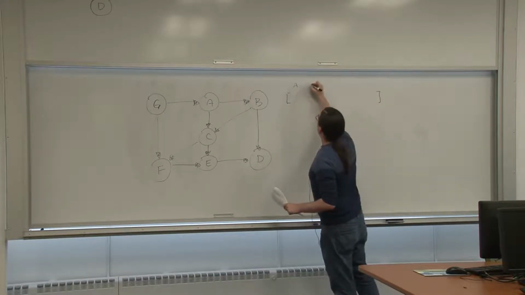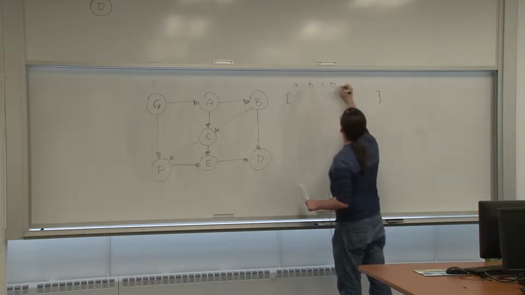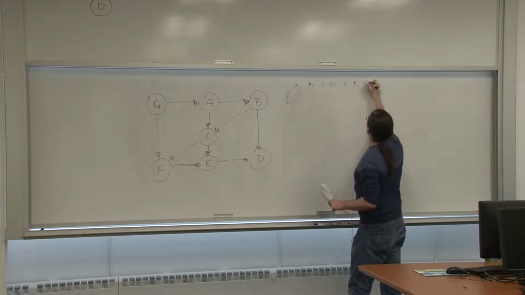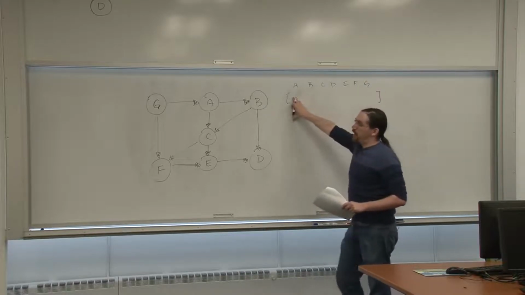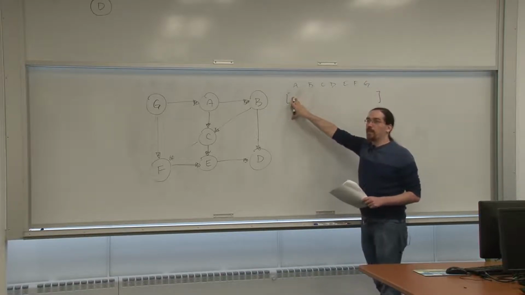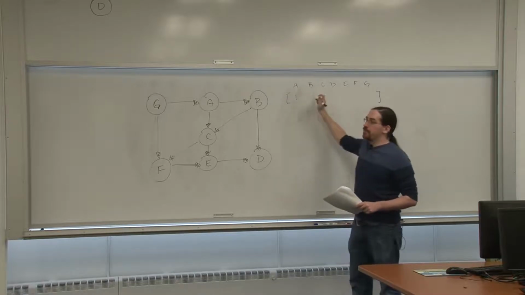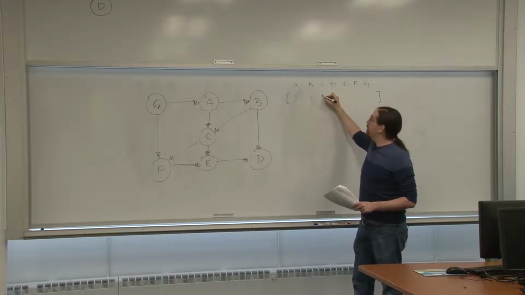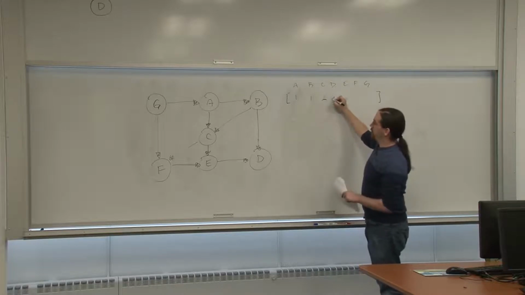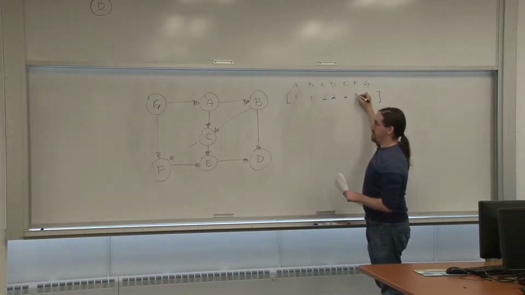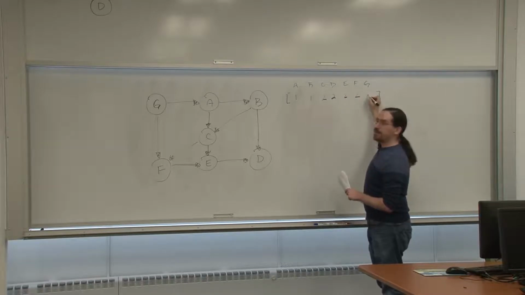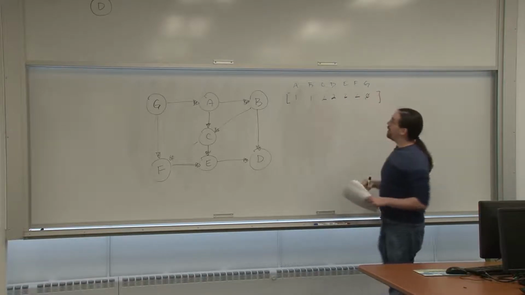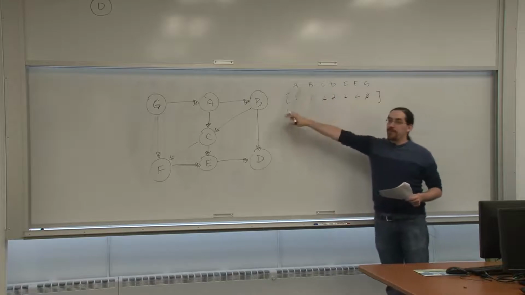So we'll start at A, B, C, D, E, F, G. What's the incoming count for A? 1. And for B? Next. 2, 2, 2, 2, and 0. OK. So we've done our count.